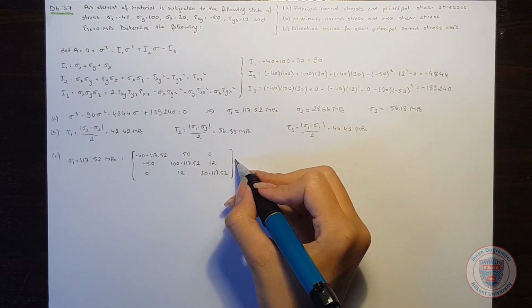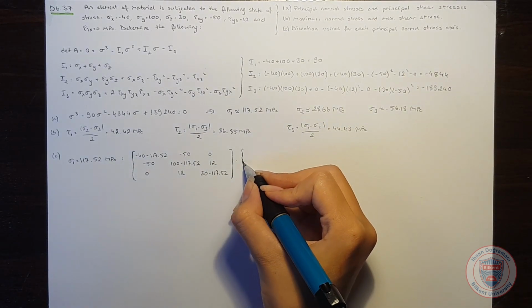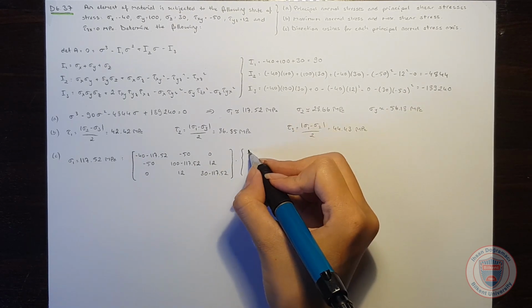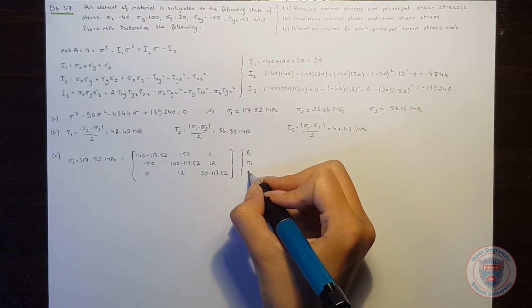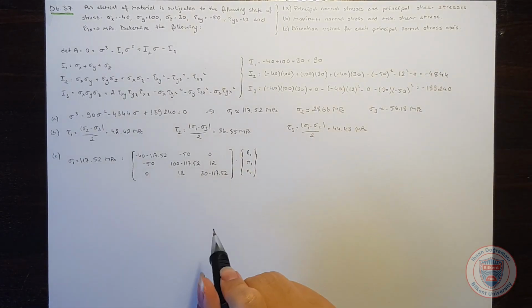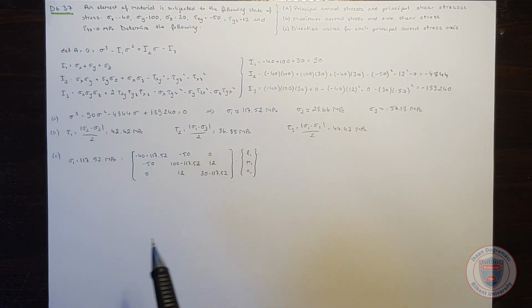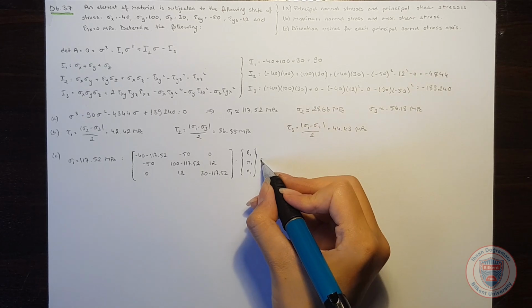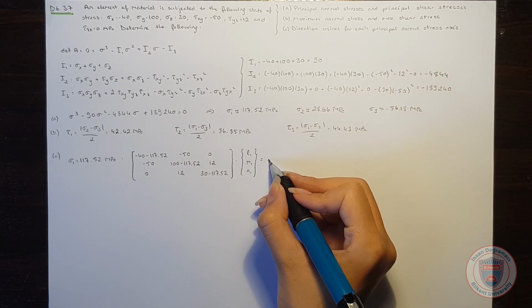And we will multiply this matrix with another matrix, which is L1, M1, N1. And these are the direction cosines for the first principal normal stress. And the result will be 0.